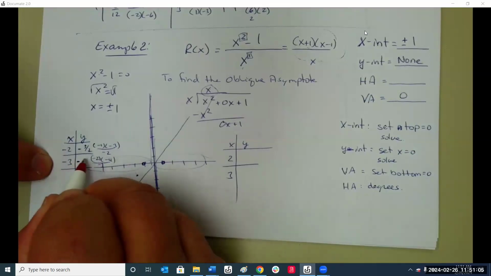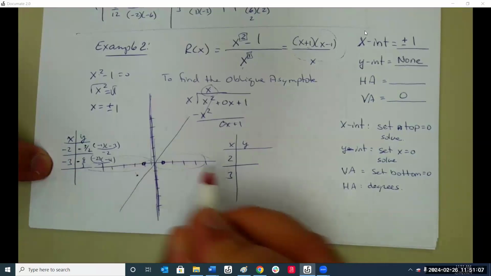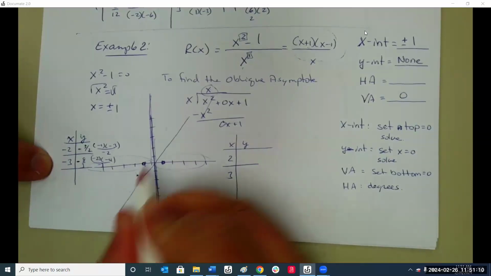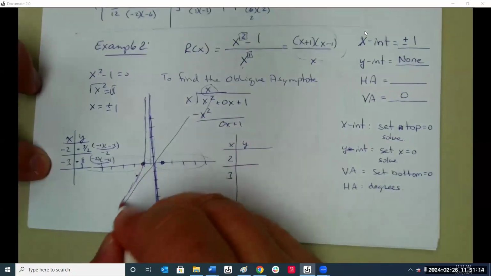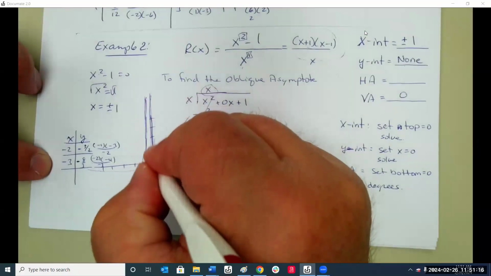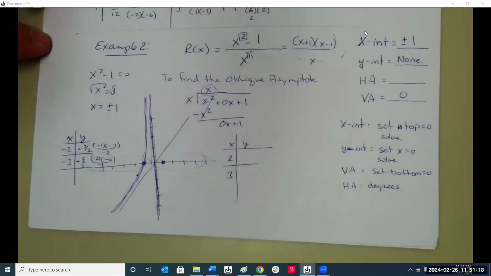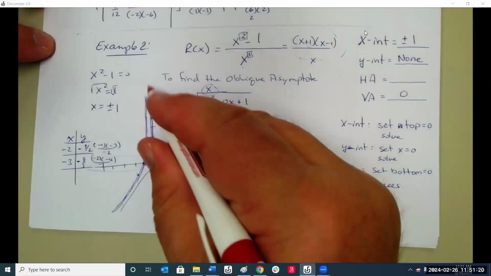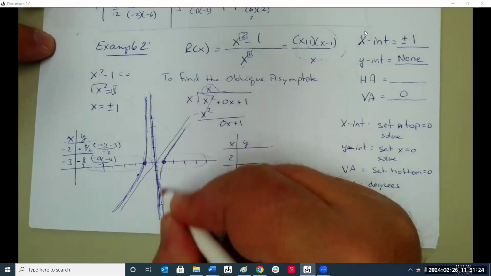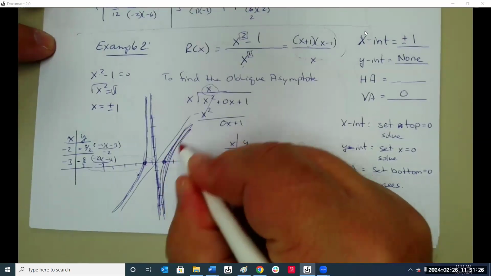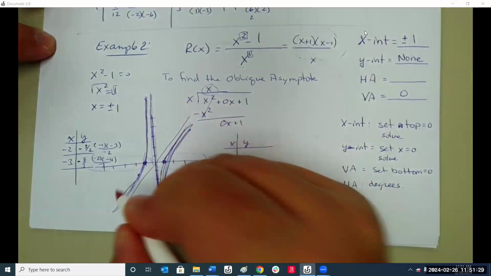So it'll be -8/3. So it's going to look like this. And since this is a vertical asymptote, our other side is going to look similar to that. So there's our graph.